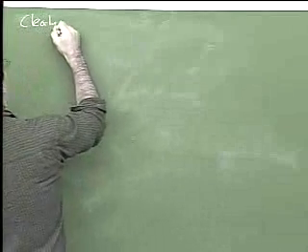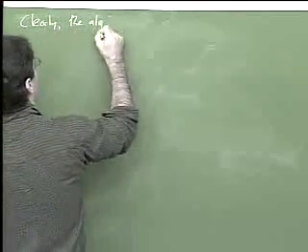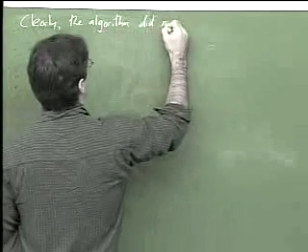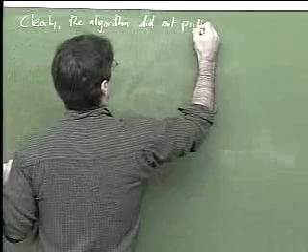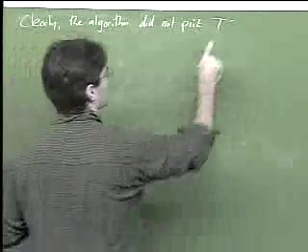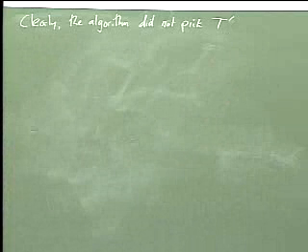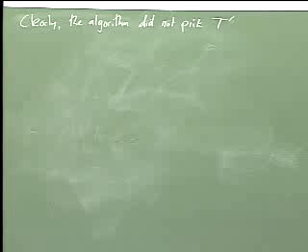Clearly, the algorithm did not pick T prime. It picked some T that's different than T prime.